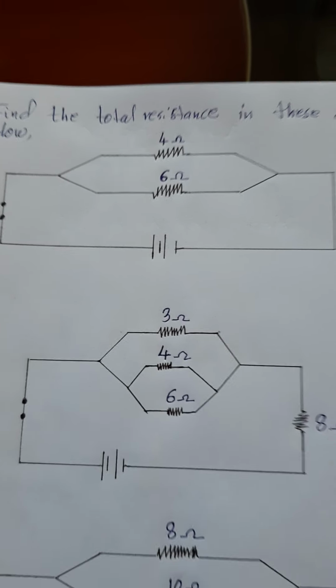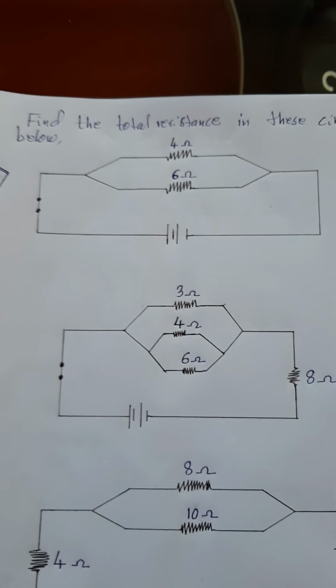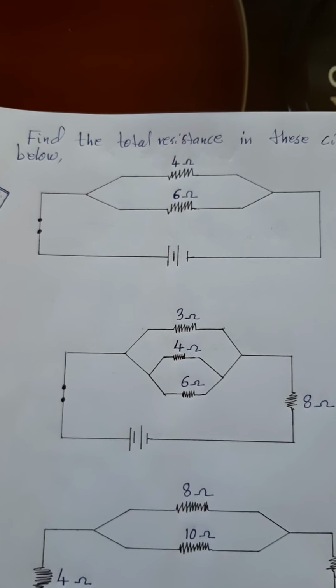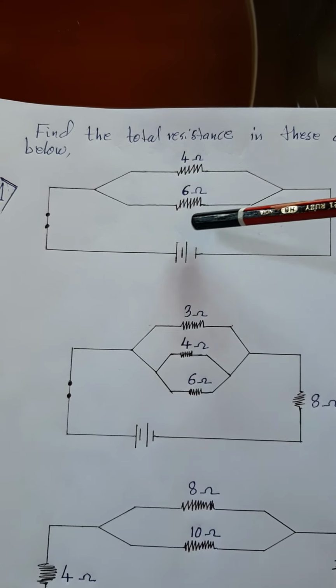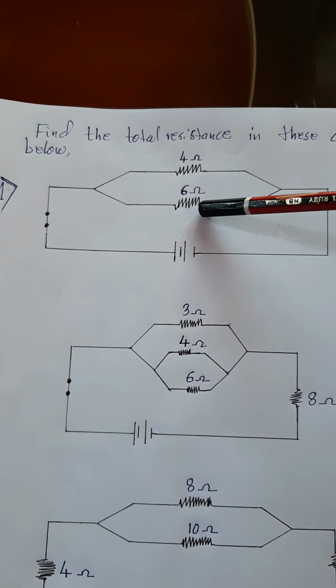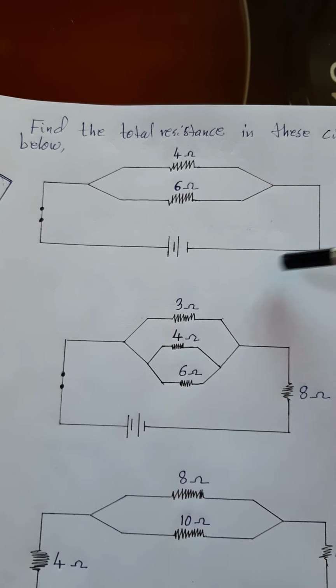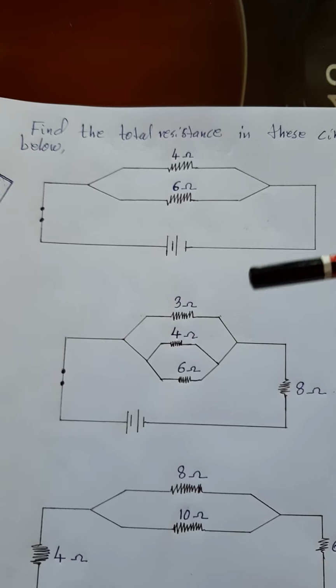The first one, question number 1, has only two resistances, resistance 1 and resistance 2. You're supposed to find the total resistance of this circuit.